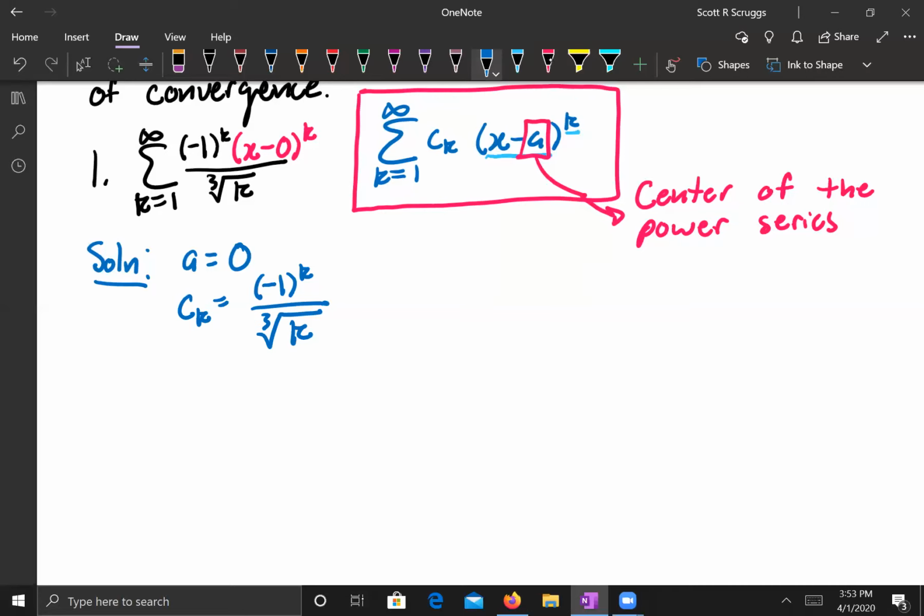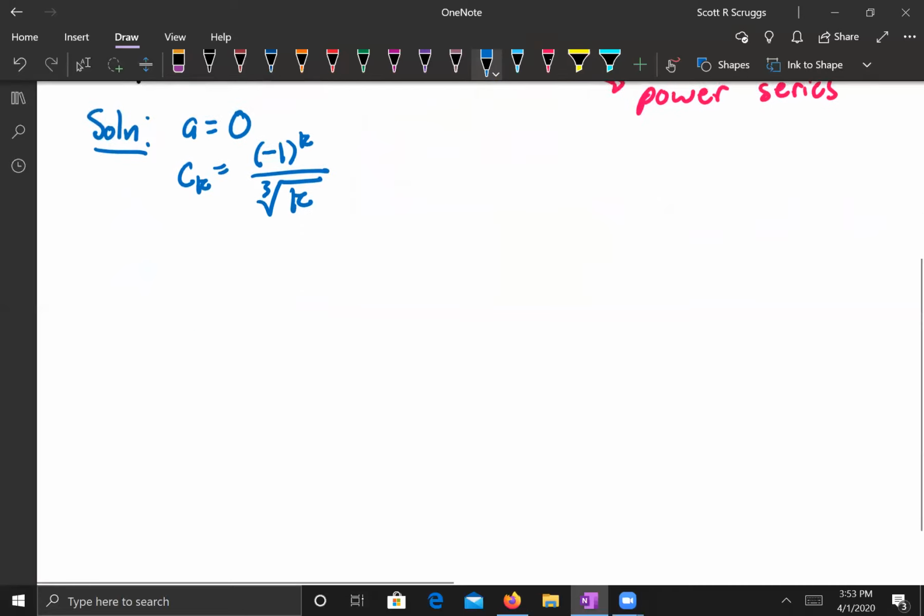And so now, let's go ahead and talk about how we define a radius of convergence and an interval of convergence. And essentially, this is why we care about all of our convergence tests from chapter 10.